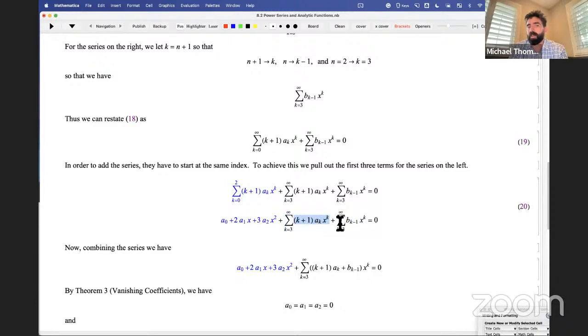That's it. So all we have to do is add these together. So if you add this guy plus this guy, they're like terms because they both have x to the k, so we just have to add their coefficients. You'll get this guy. Can you check my work there?